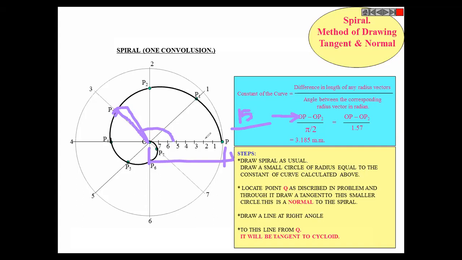How much is it coming? That's 6.36 it's coming. So what did you get in the earlier case? Same. Sir, both are the same. It will come the same. That is what I wanted to demonstrate.